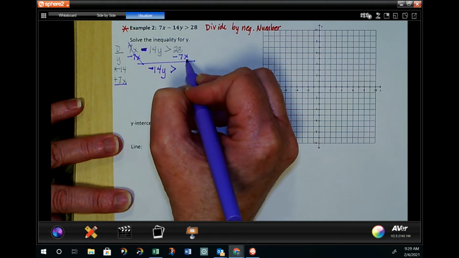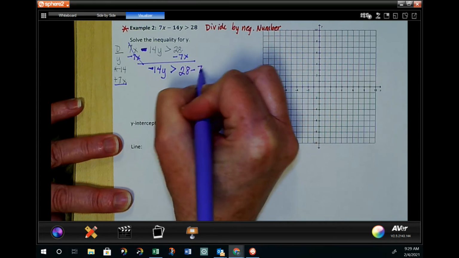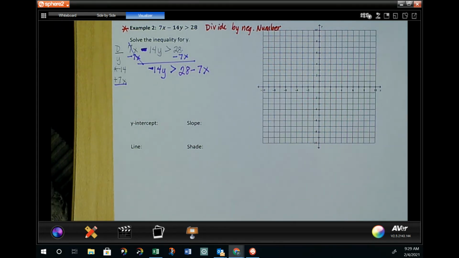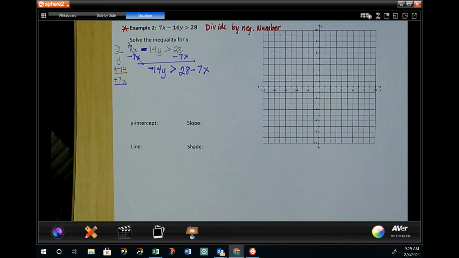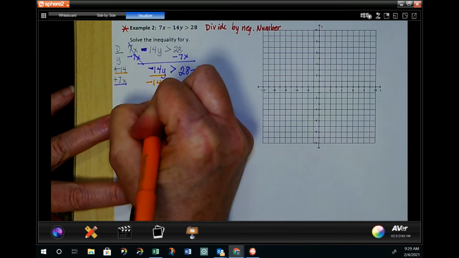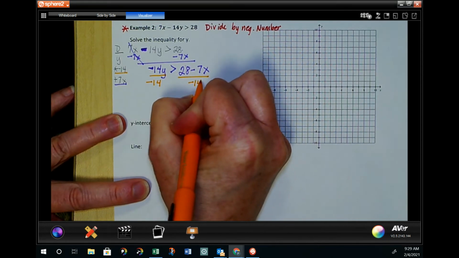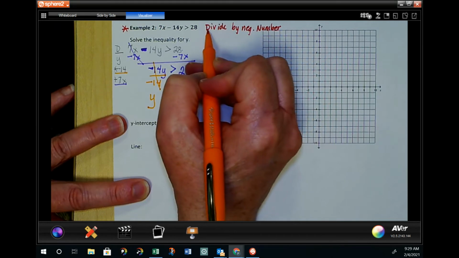Combining like terms, there are no like terms, so it's just 28 minus 7x. Then the next process is that we're going to do the opposite of multiplying by negative 14, which is to divide by negative 14. Divide by negative 14. So this cancels out, and now you have y.